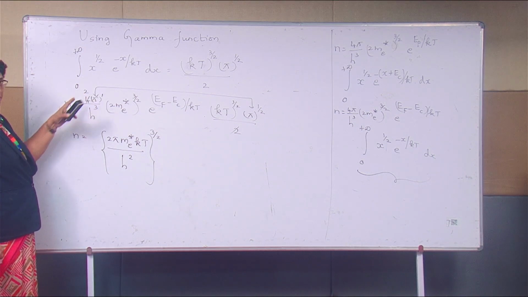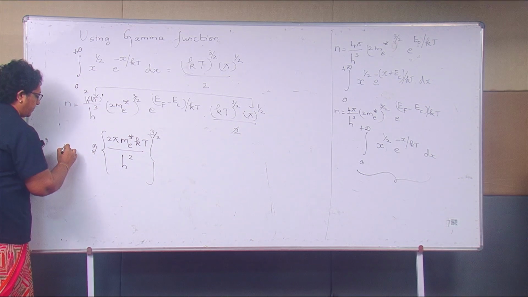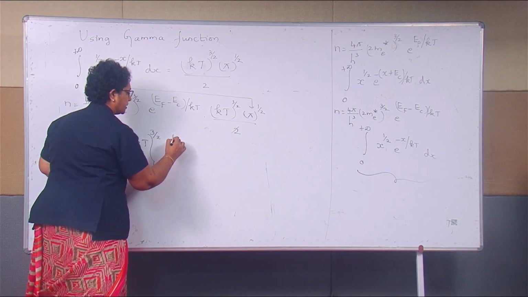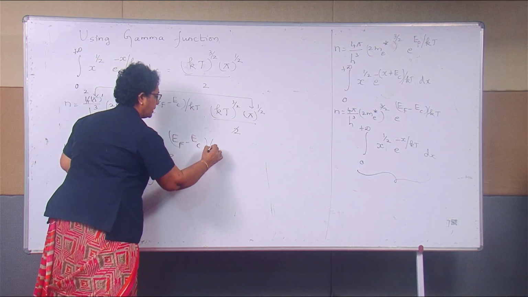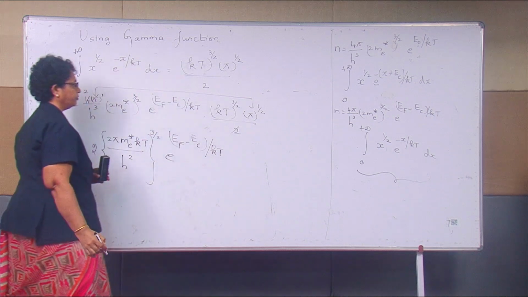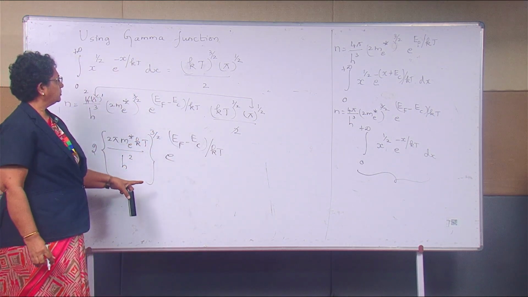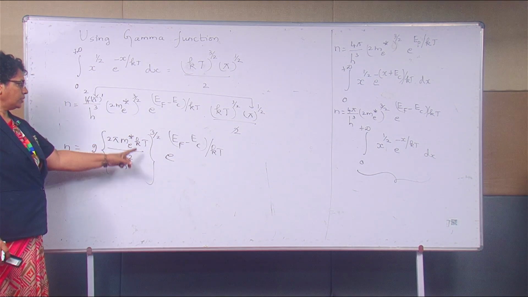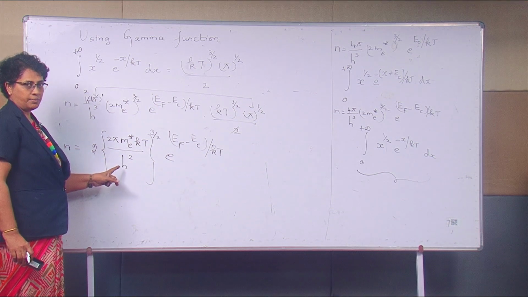And this 2 is left over, so this 2 can be in front. Now write the remaining terms, e to the power of (EF minus EC) by kT. So this will be the expression for the number of electrons in the conduction band.